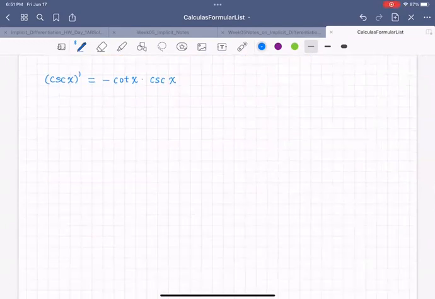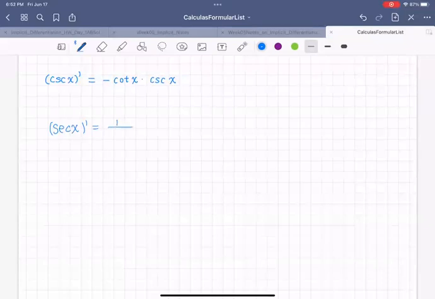Aaron, I want you to show me how we do the secant x derivative. Go ahead, please. You can split it into 1 over cosine x. Do you want to use the power rule, chain rule, or quotient rule?